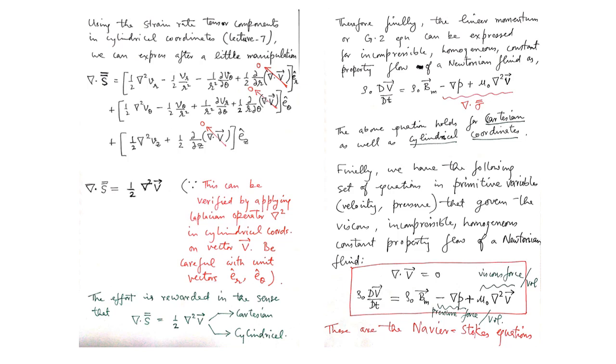So this term must drop off. Similarly, in the second component, the e_theta component, you notice that we have half of 1 over r del theta of this volumetric strain rate.